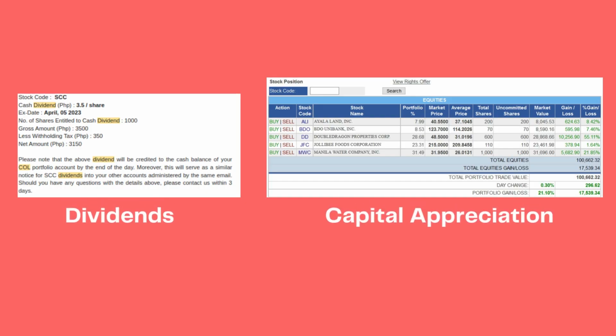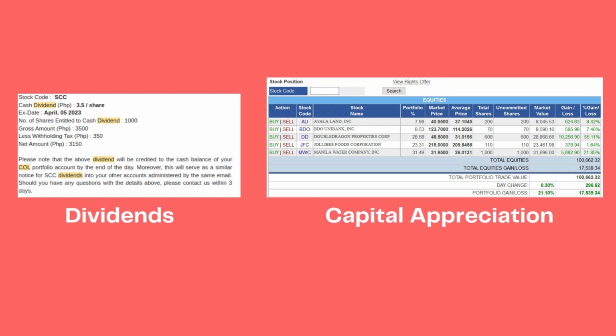So here's an example of dividends and capital appreciation. The photo on the left is a notification from a stockbroker of a shareholder receiving his or her dividends.